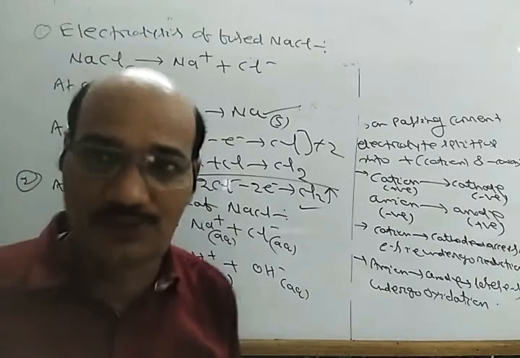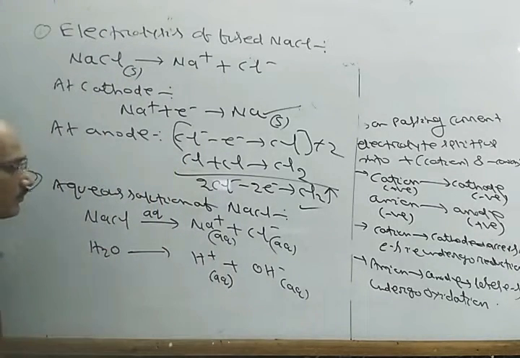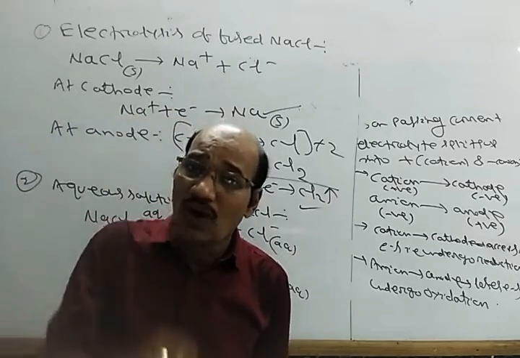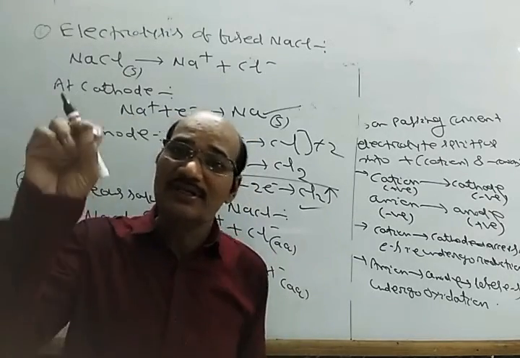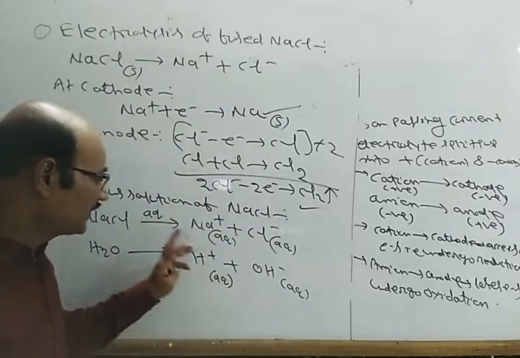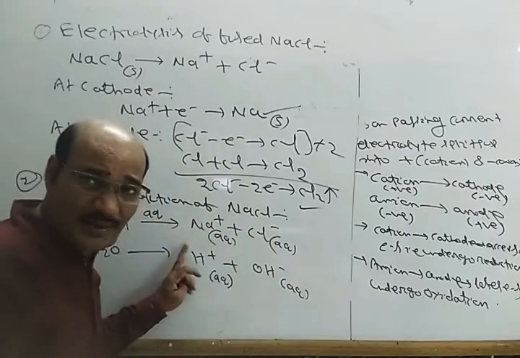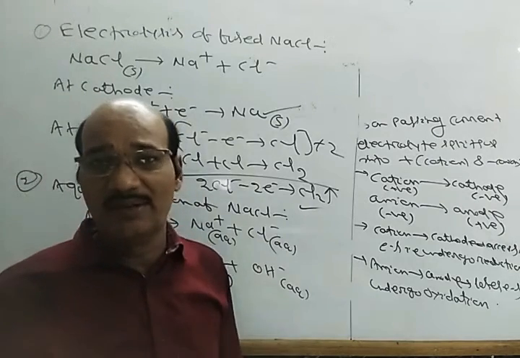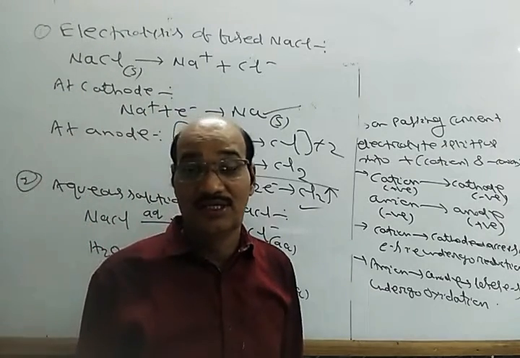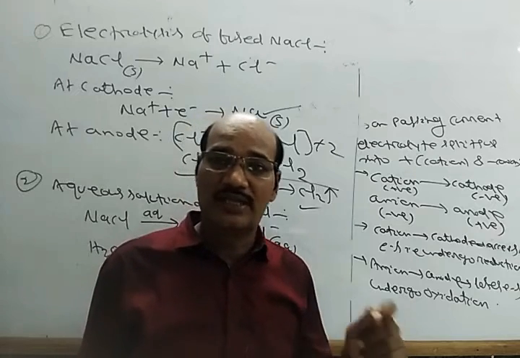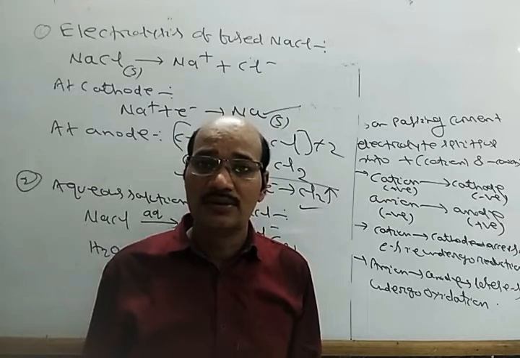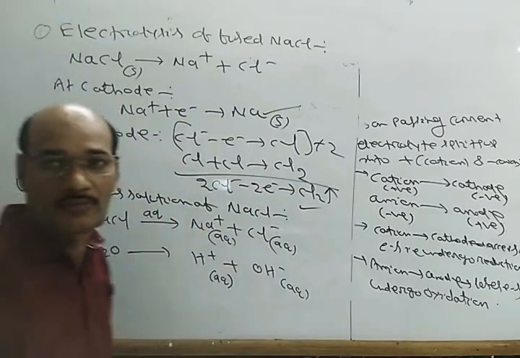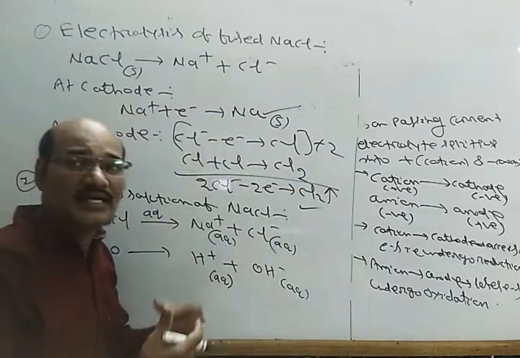Now there will be competition. But at an electrode, only one cation will discharge. At the cathode, only one cation will discharge, and at the anode also only one anion will discharge. Now, which will discharge? That is decided by the selective discharge of ions. So we have to select.